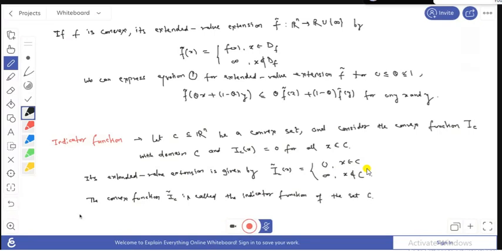Okay. Similarly, you can define a concave function by defining it to be minus infinity outside its domain.